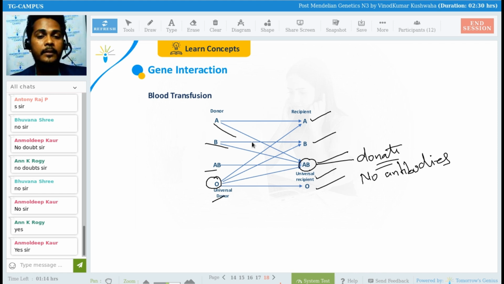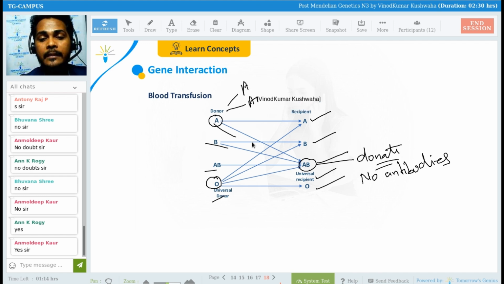This is about blood transfusions, generally used for emergency conditions where the patient requires blood. In that condition, this protocol is followed to donate blood. It is also important to remember who can donate and who cannot. An AB donor can only donate blood to AB persons.